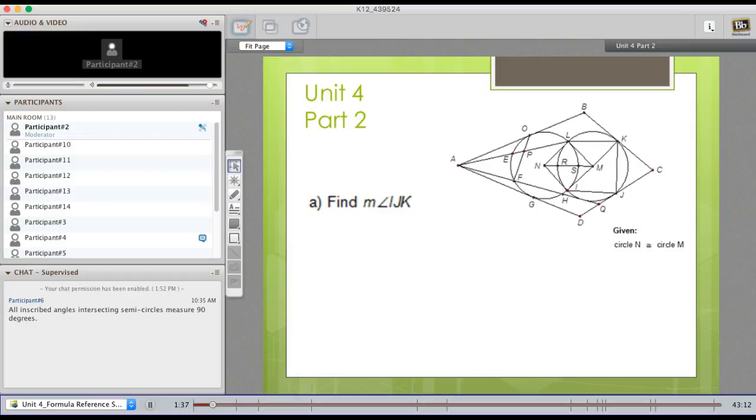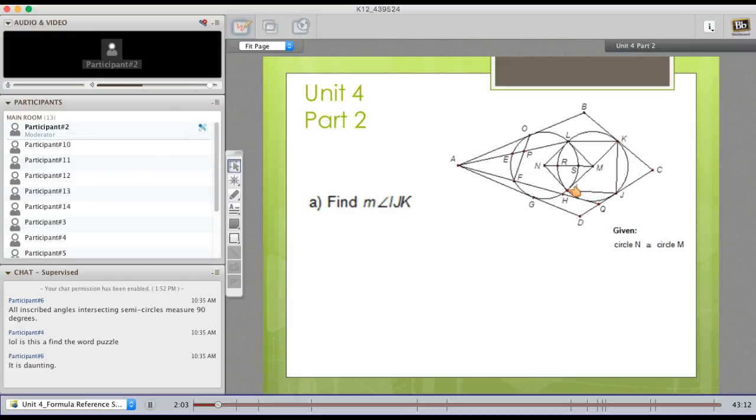Excellent. Okay, so the reason that is, if you take a look at this circle M, KI passes through circle M, so it has to be a diameter. The angle that we're looking at here is inscribed in the semicircle. So if KI is the diameter, you know that this section of the circle has to be a semicircle.